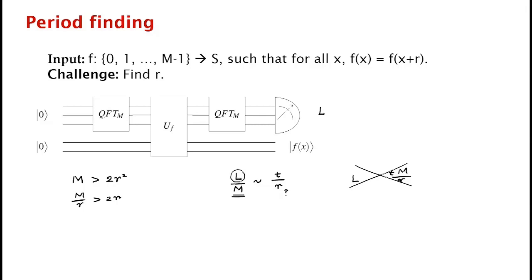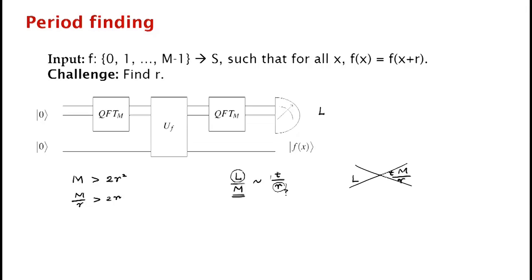It turns out, and this is too advanced for this course, that t over r is the best approximation to L over m with a denominator as small as r. We use the fact that r is much smaller than m, smaller than the square root of m.